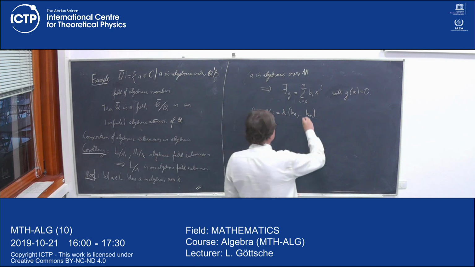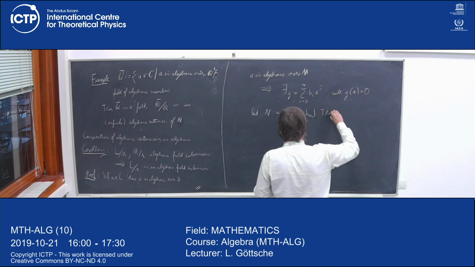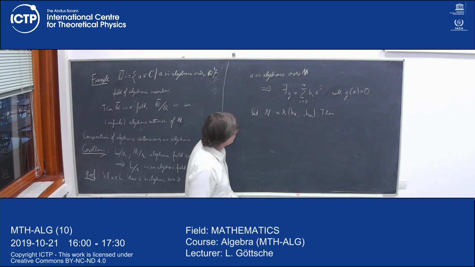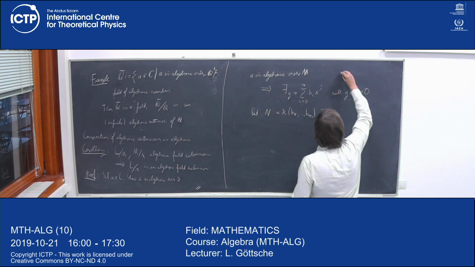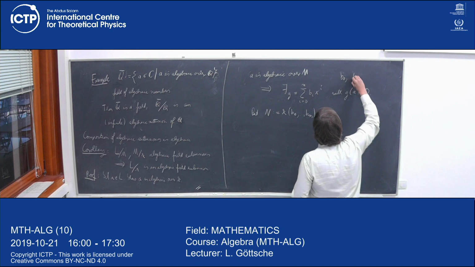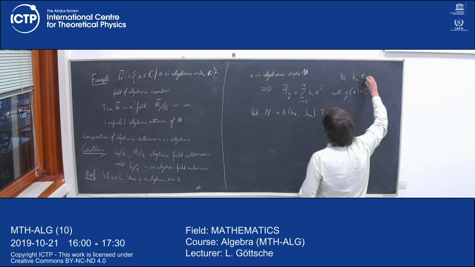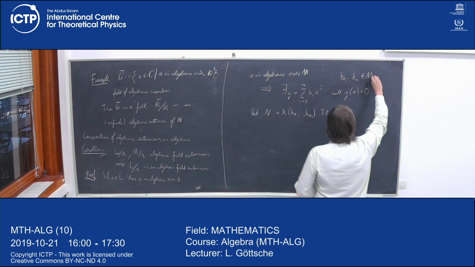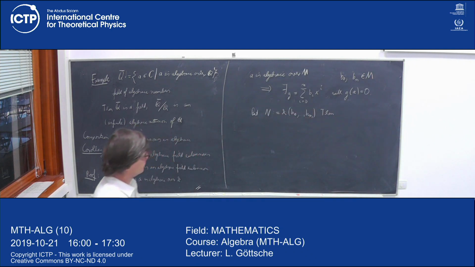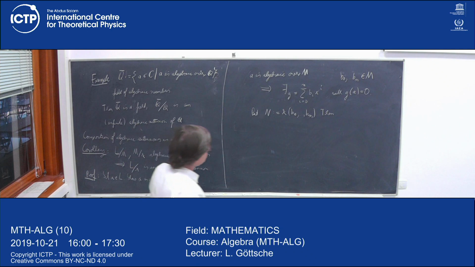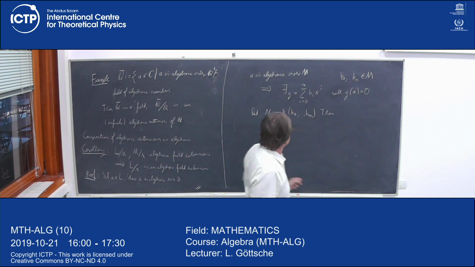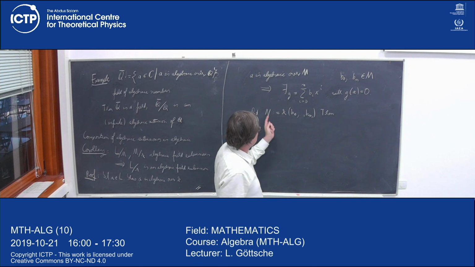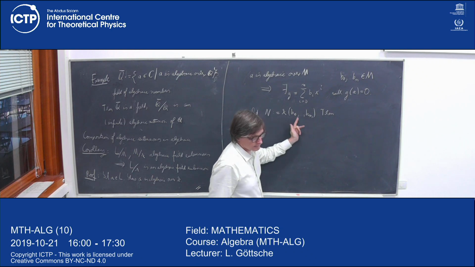So these elements, the b_0 to b_n obviously, are elements of M. In particular, we know that M is algebraic over K, so we see this N is a field extension generated by finitely many algebraic elements.